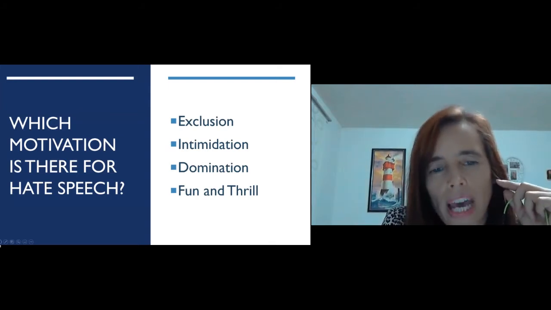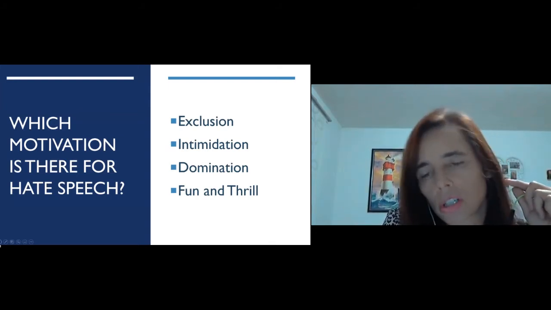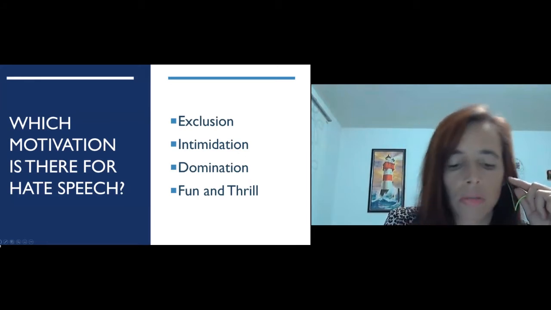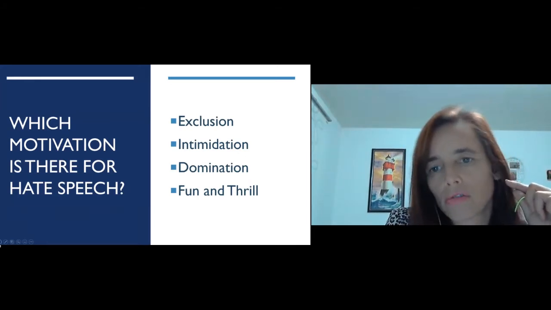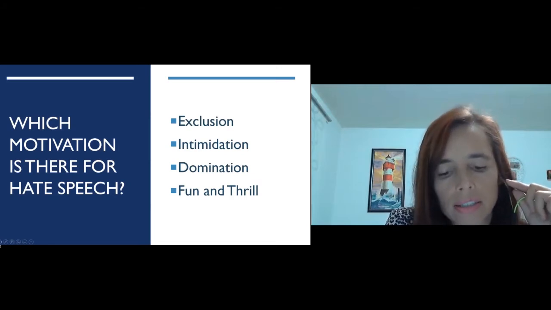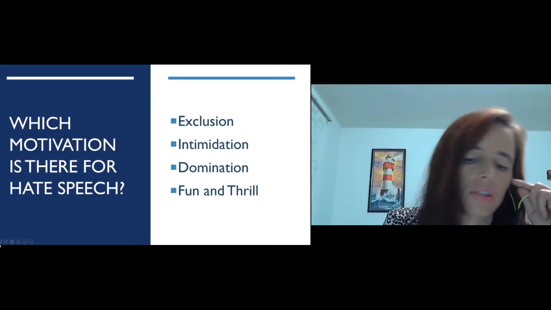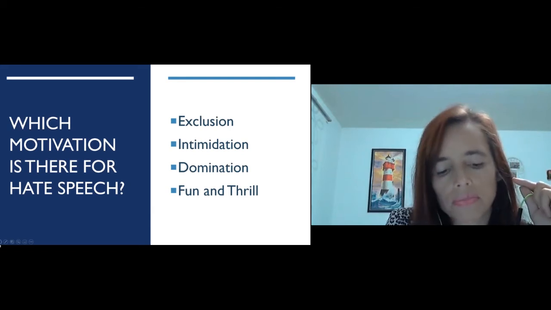But there are certain patterns of language that are used for hate speech, and it's always deliberately making false statements. Sometimes these statements can also be disguised as humor or irony.